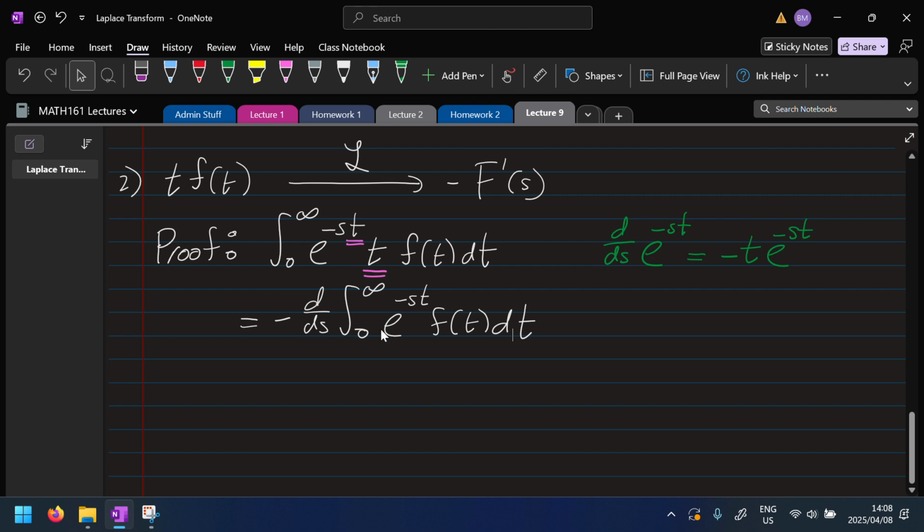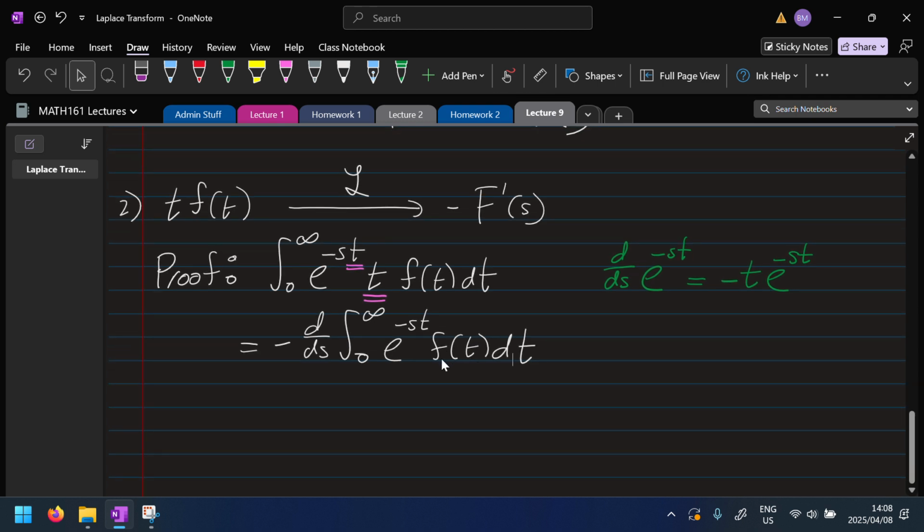But now this integral is just the Laplace transform of f. So this is going to be minus d by ds of the Laplace transform. Instead of writing it with d by ds, we can write it with prime if we wanted. So that's minus F prime of s. A little bit of thinking, but not too bad.